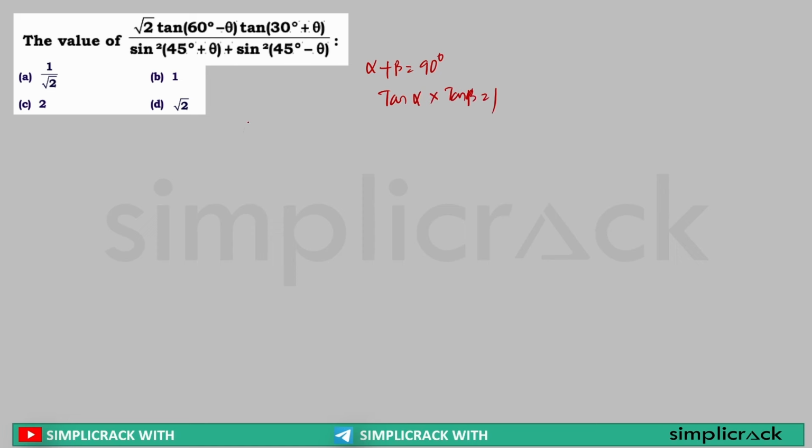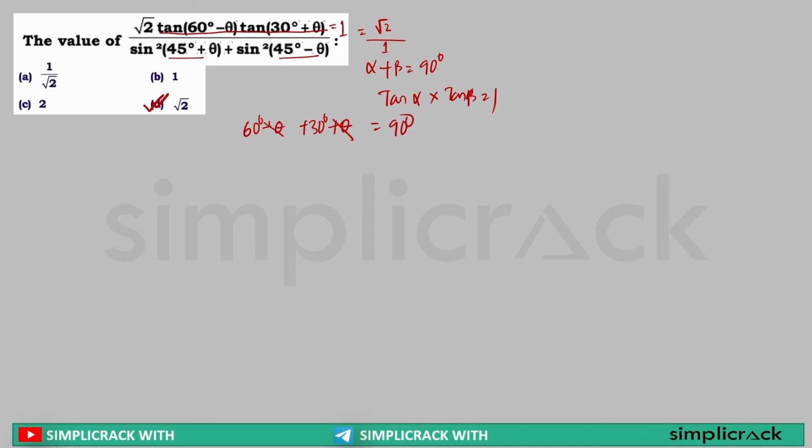Here, 60 degree minus theta plus 30 degree plus theta, the theta is crossed out, and 60 plus 30 is equal to 90 degree. That means this whole part is equal to 1. So on the upper part it is root 2 divided by sine of 45 degree plus theta, 45 degree minus theta, which is equal to 90 degree. So the below part will be 1. So the answer is option D, root 2.